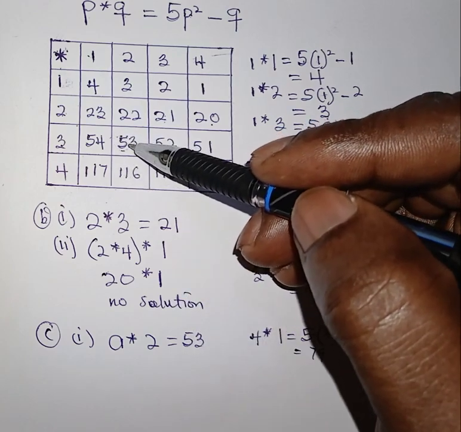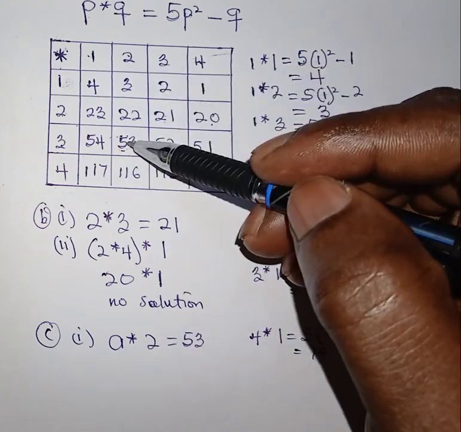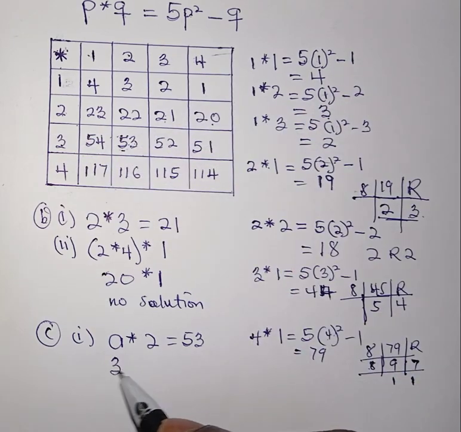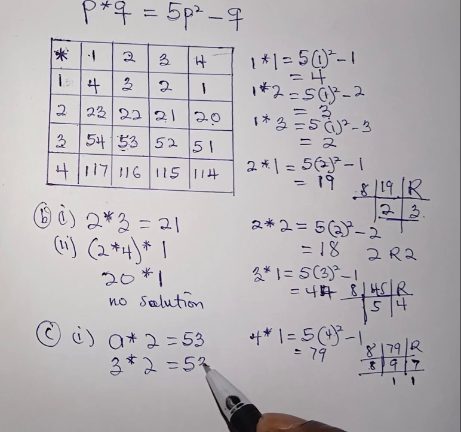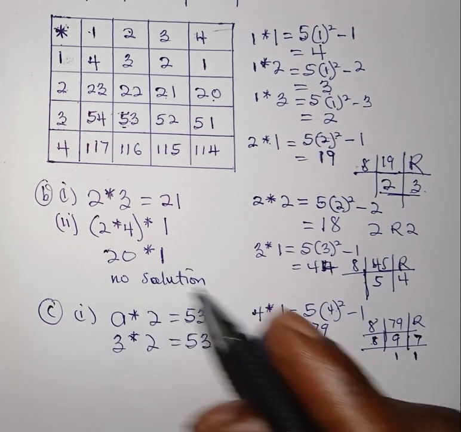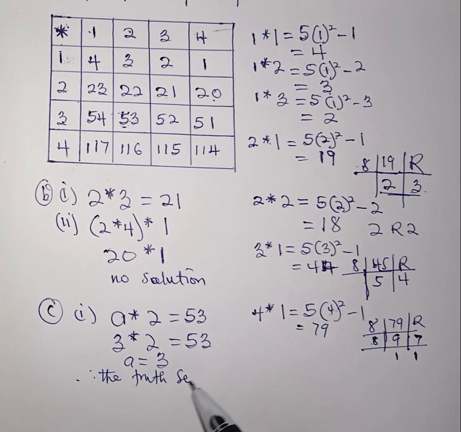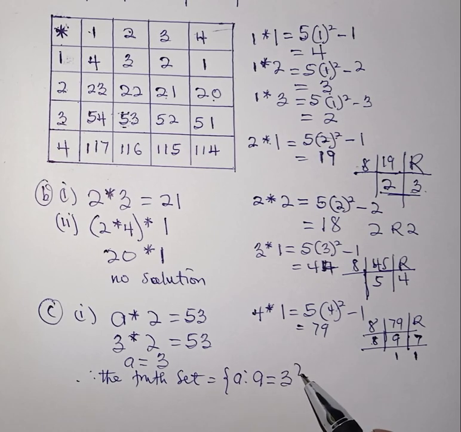So I will trace it to the vertical part to identify where 2 is, then to the horizontal part, which is 3. So 3 operation 2 gives me what? 53. If that's the case, then what is my truth set? It means that A is equal to 3. Therefore, the truth set is A such that A is equal to 3.